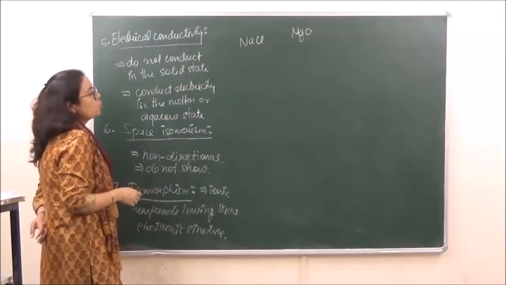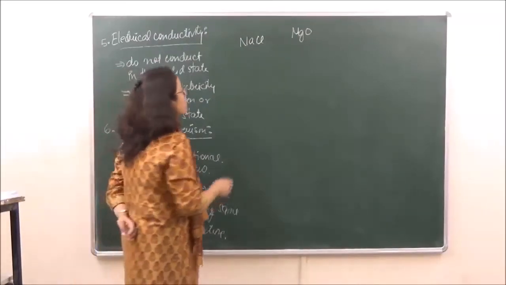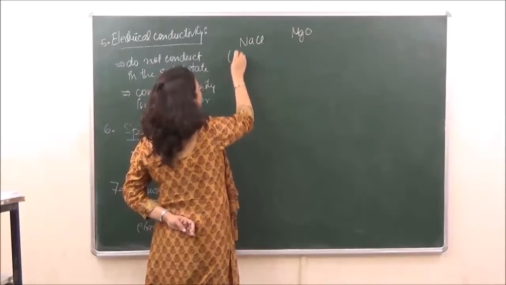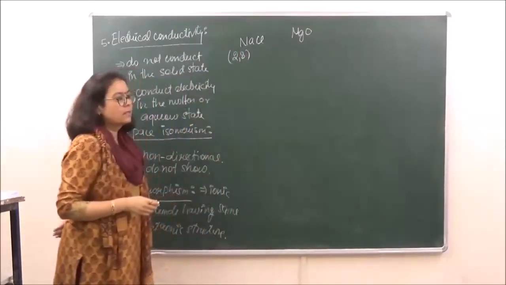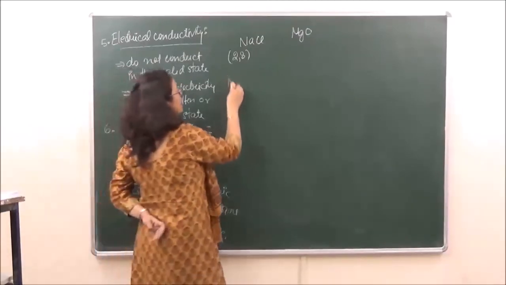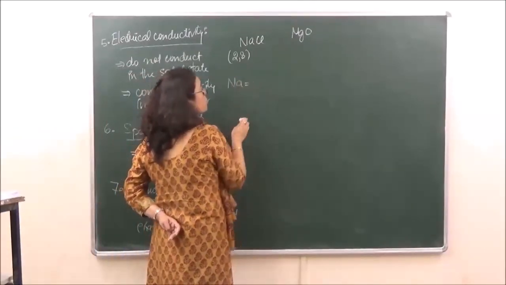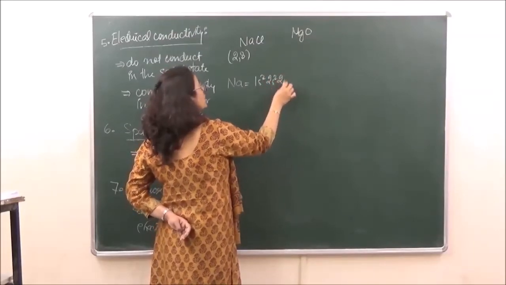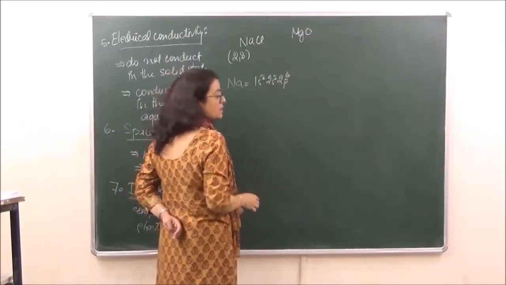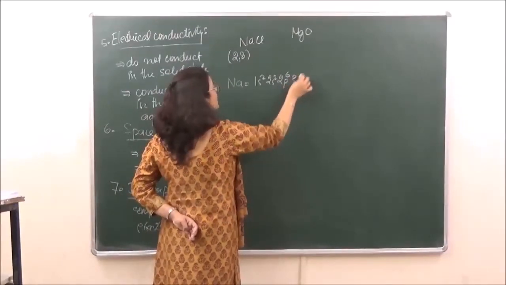Now, the electronic configuration of sodium is 1s2, 2s2, 2p6, and 3s1.